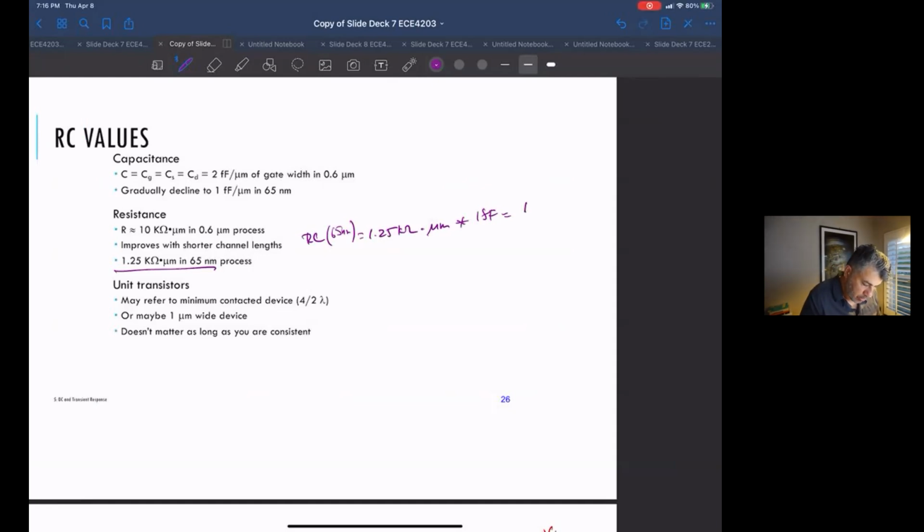Okay, so this gives me 2.25 picoseconds.